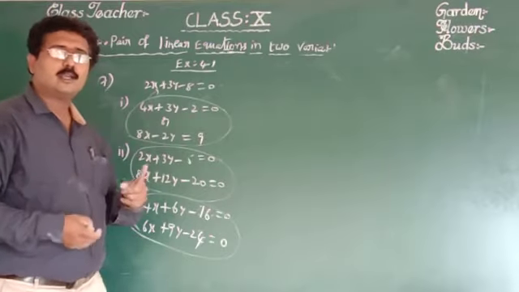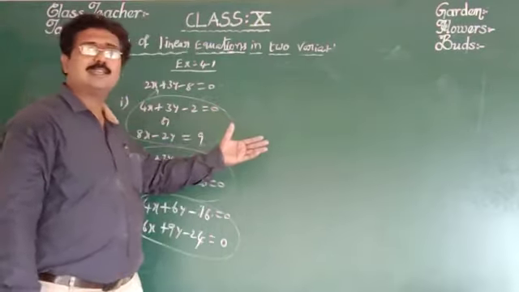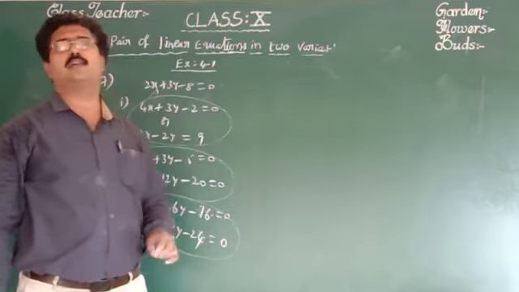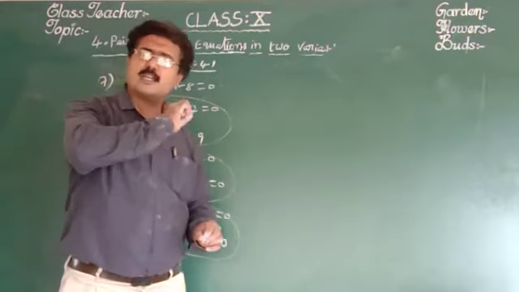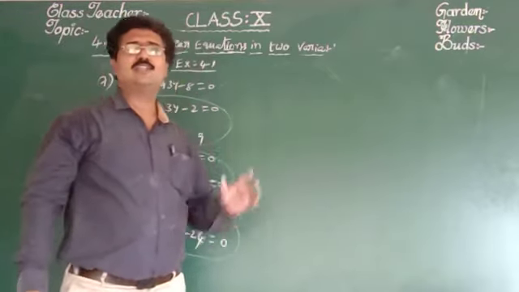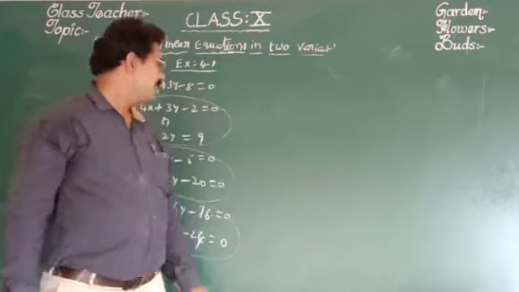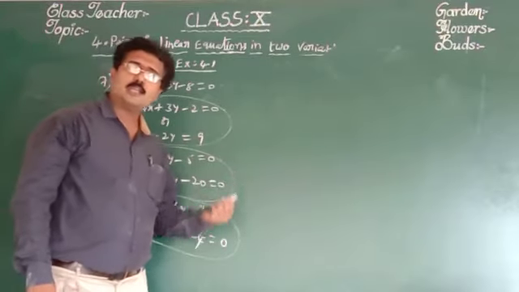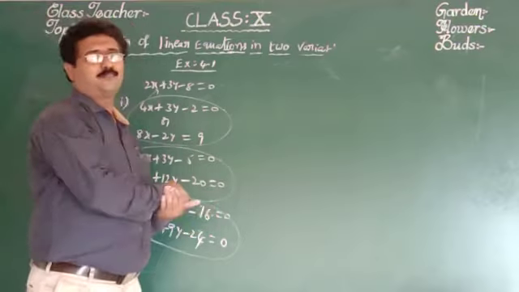So once again recall that if a1 by a2 is not equal to b1 by b2, those are intersecting lines and a consistent pair of equations. Consistent is very, very important. Wherever necessary, intersecting or whatever it may be, you must write that these are a consistent pair of equations and have a unique solution. Next, a1 by a2 is equal to b1 by b2 is not equal to c1 by c2, then they are inconsistent and independent.